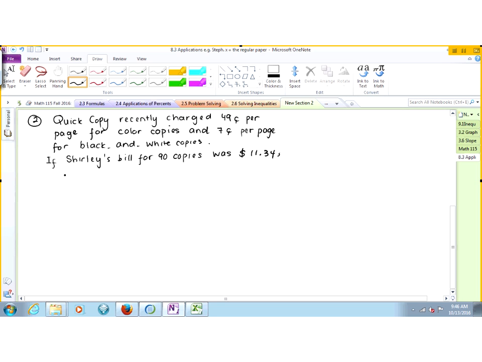Okay. How many copies of each type were made? So that's the question. So if Shirley's bill for 90 copies was $11.34, how many copies of each type were made?